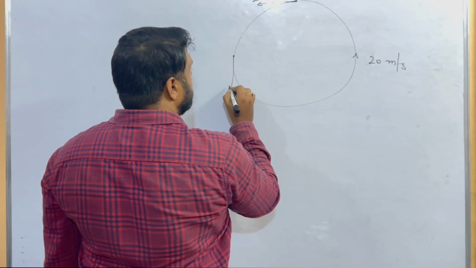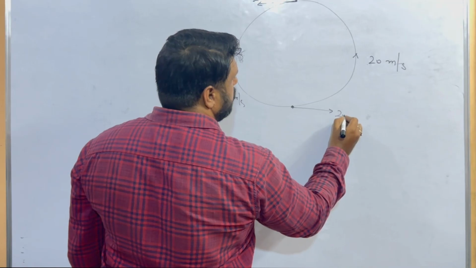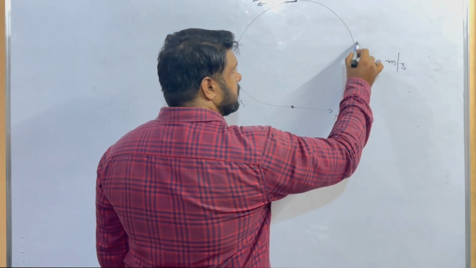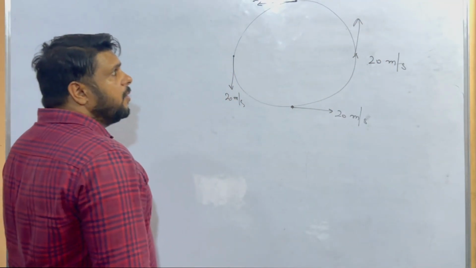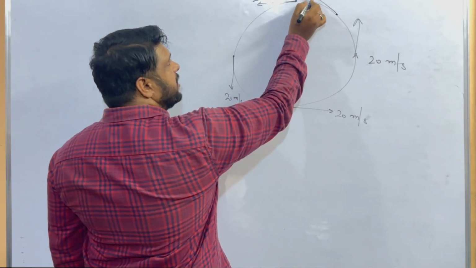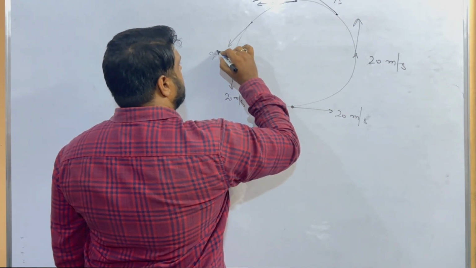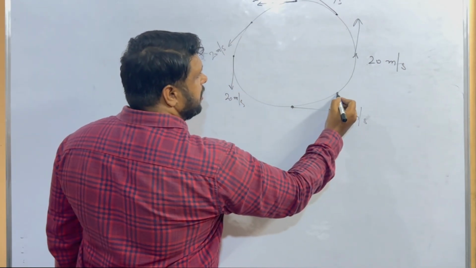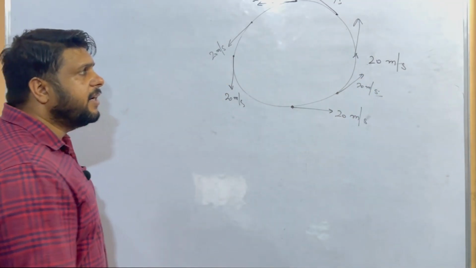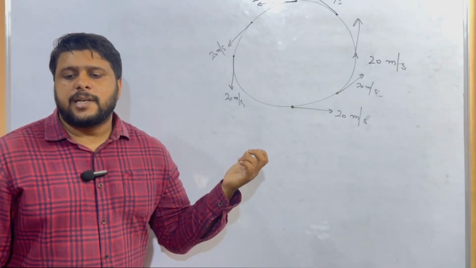At this point also, and at this point also, it is moving at 20 meter per second. You can take any point. At every point its direction is going to be different, so we will say that it is an accelerated motion.